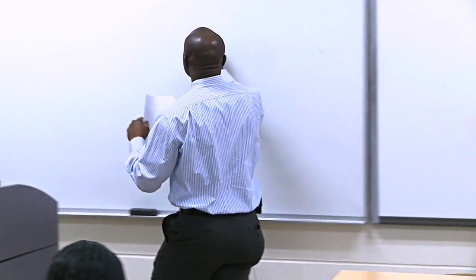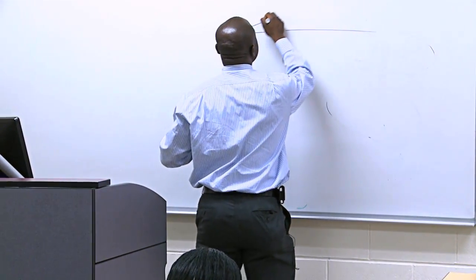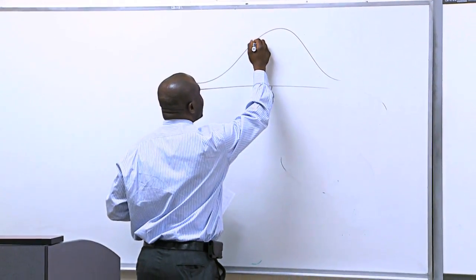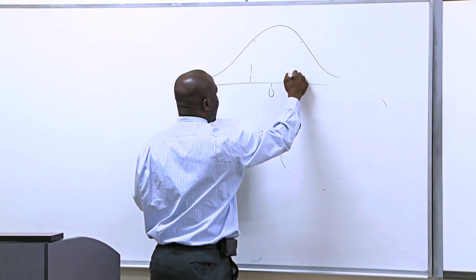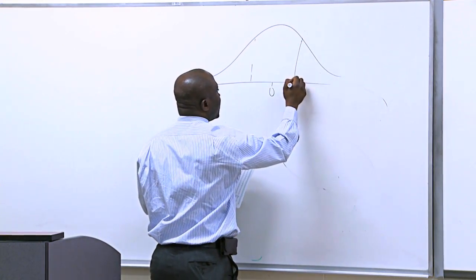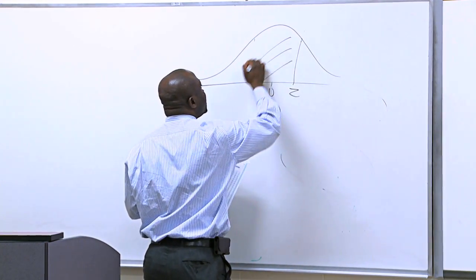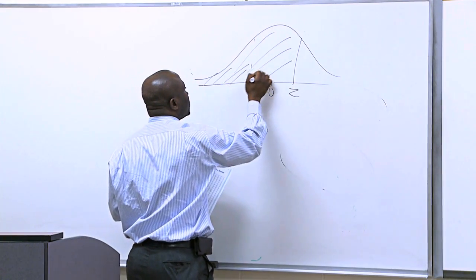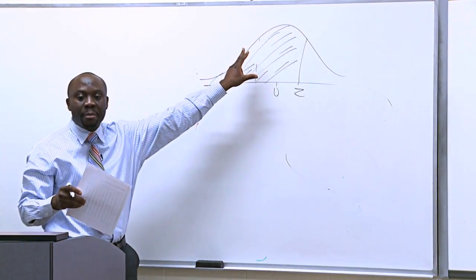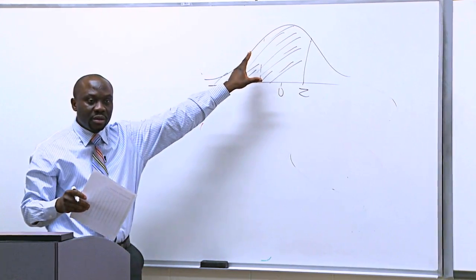On the positive table, you have 0 somewhere here, and you have z over here, and everything is shaded to the left. So make sure that on the positive table, you have shaded that portion or that region.